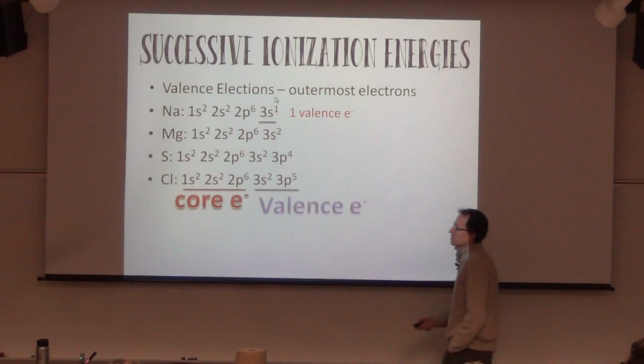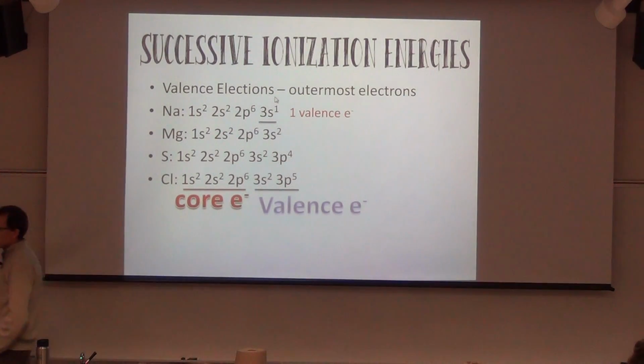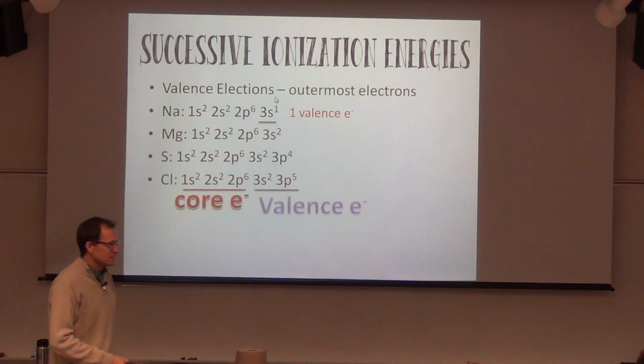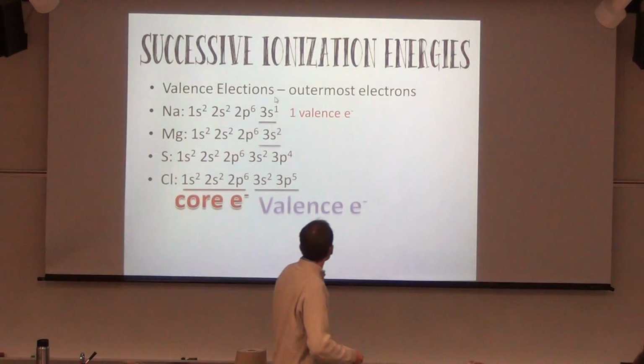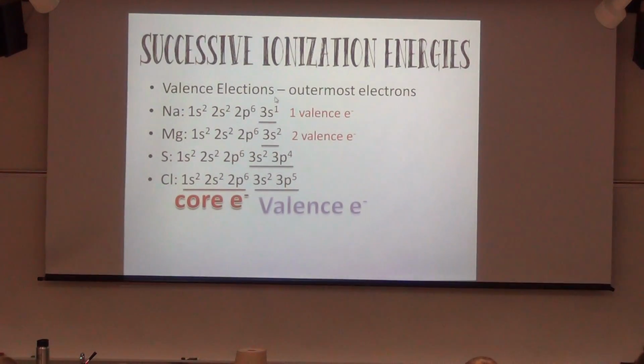So for example, the first one has 1 valence electron, and you can abbreviate that and put VAL and then E with a negative, right? 1 val E minus. So 1 valence electron. This would have 2. That would have 6. And the last one would have 7.